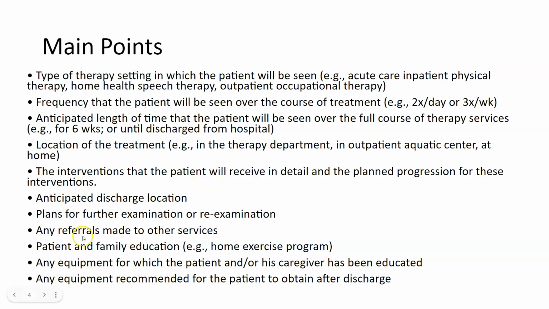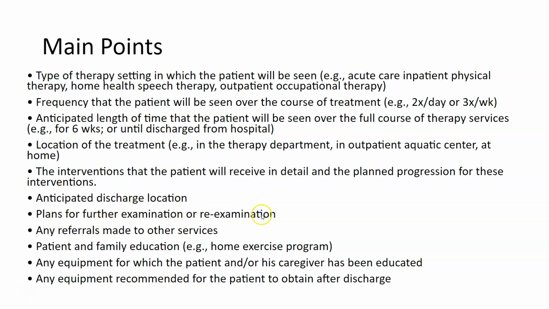Then comes some more specific aspects, where we would expect them to be discharged to, obviously much more important if you have people going from the hospital to an acute inpatient clinic, to a nursing home, back home, different aspects. For us, not as big of a deal with that.